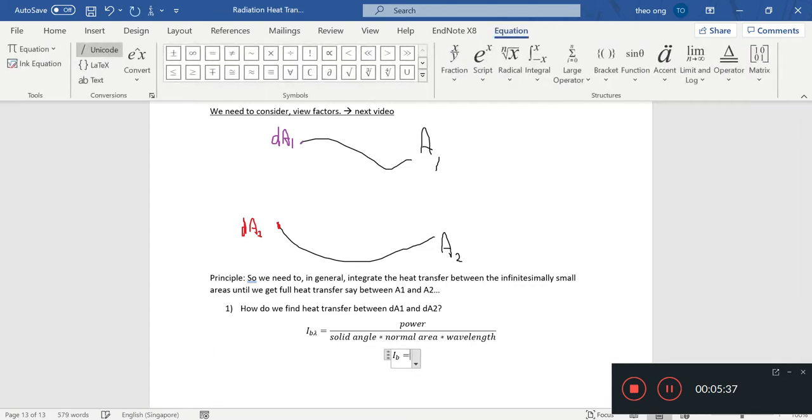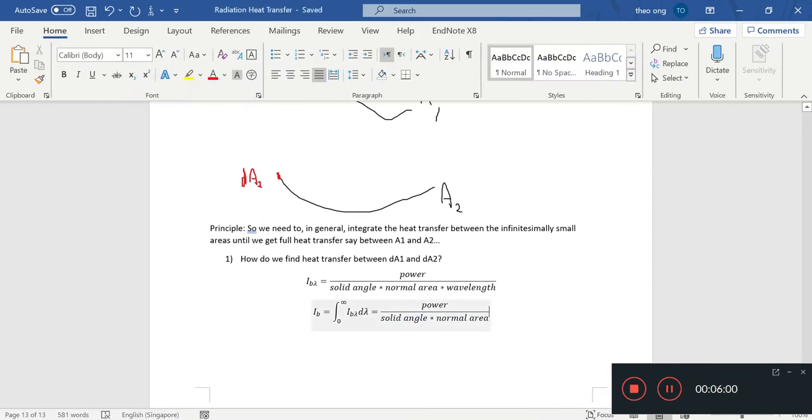So you have IB equals the integral over all lambdas of IB lambda d lambda. We want to do away with the wavelength, so that simplifies our analysis. Let's get rid of the wavelength by just integrating.